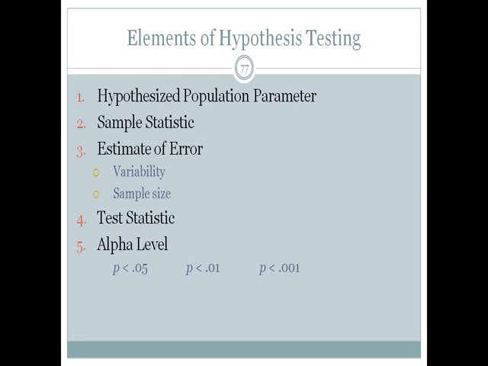This is variability in sample size leading to our estimate of error. We compute a test statistic based on the sample that we have and the estimate of error. We select an alpha level to compare our test statistic to the critical value. So all 5 of these things are necessary to begin hypothesis testing.